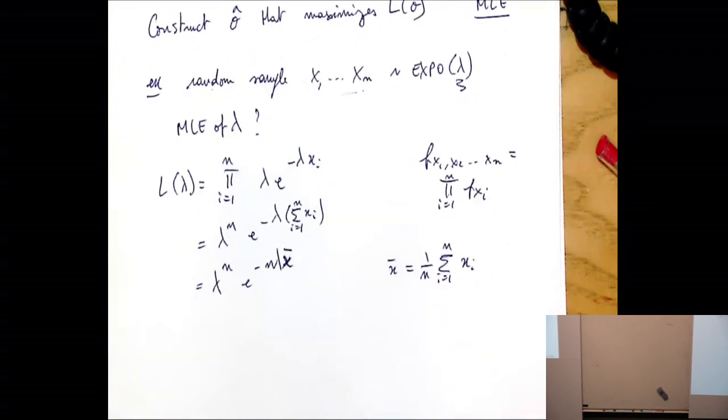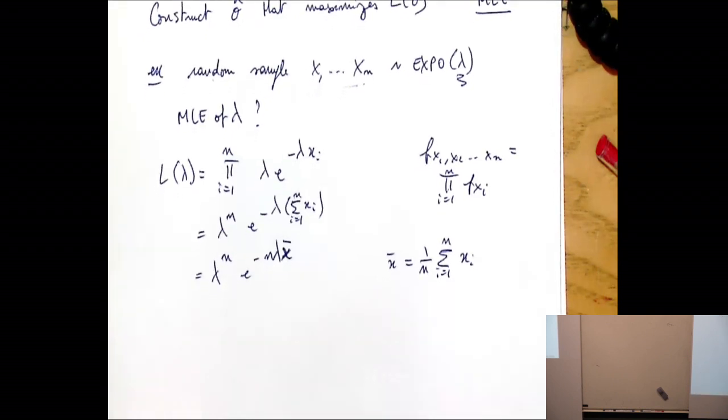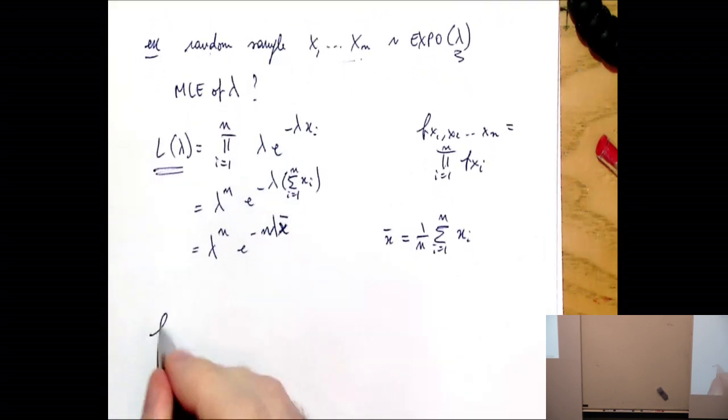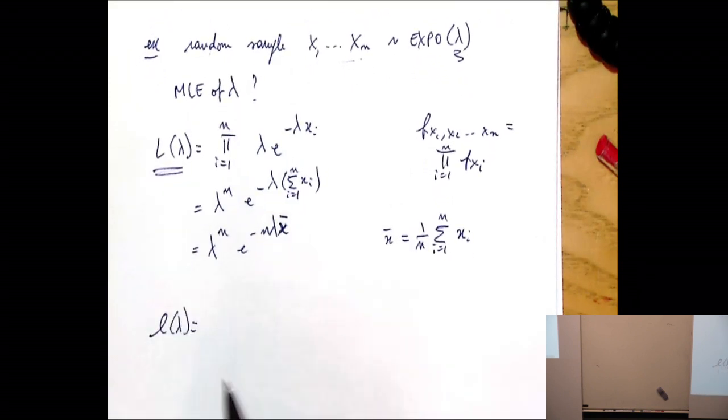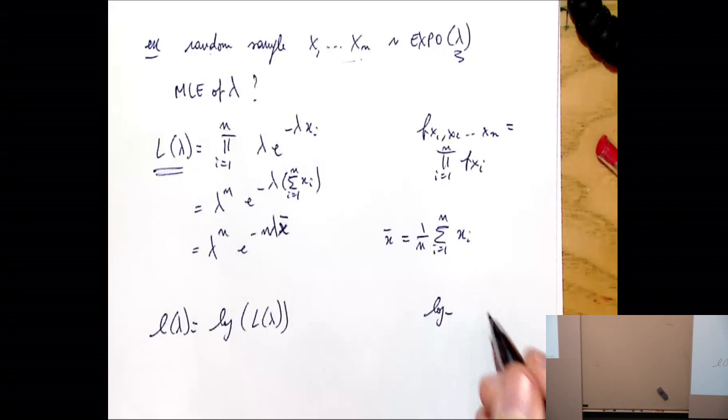Okay, so what we need to do now is to find the lambda that maximizes this quantity, right? And so rather than using the likelihood function, what we often introduce is the log of that likelihood function, which is called the log likelihood function.